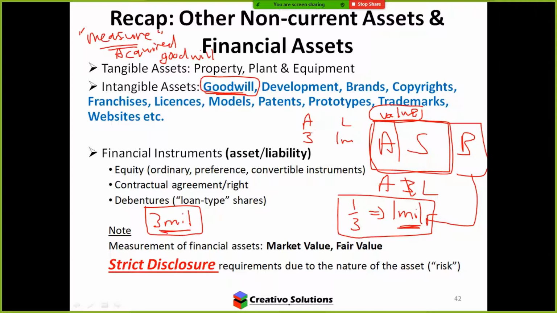Well, in terms of owner's equity, what is A minus L? Owner's equity here would be 2 million. Do you agree? Yes. So now, what is actually happening? Well, in this scenario, B is paying 1 million for a third of the business. The business, in actual fact, would be valued at 3 million, but we only have equity of 2.